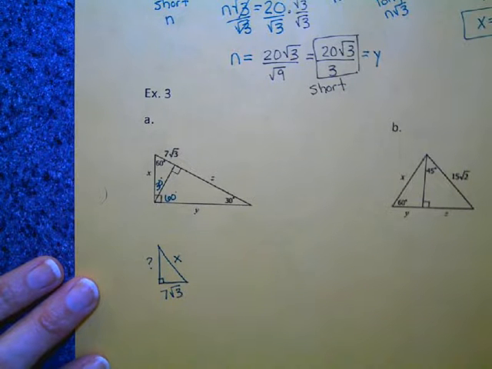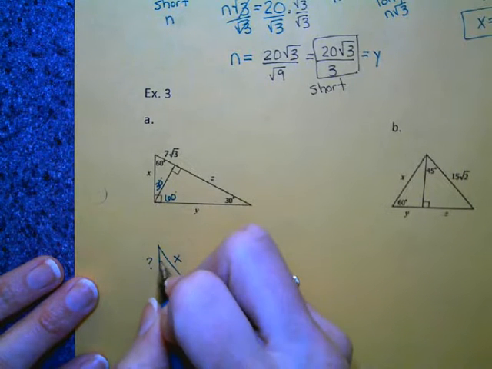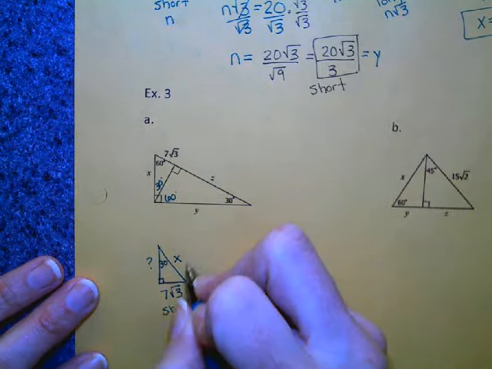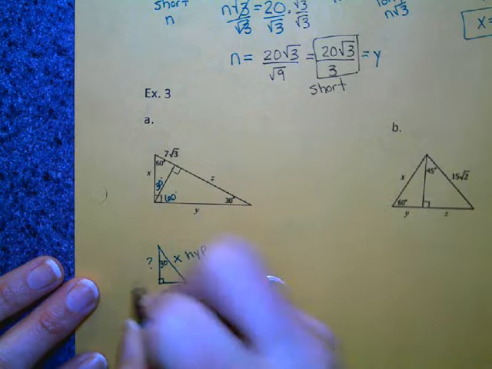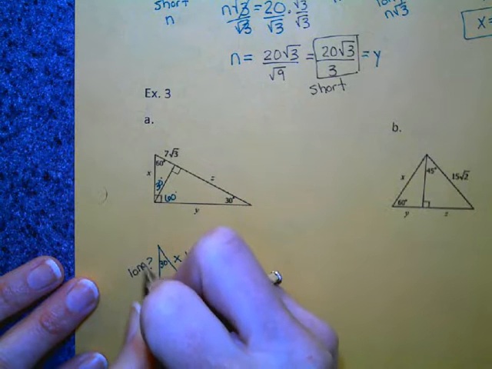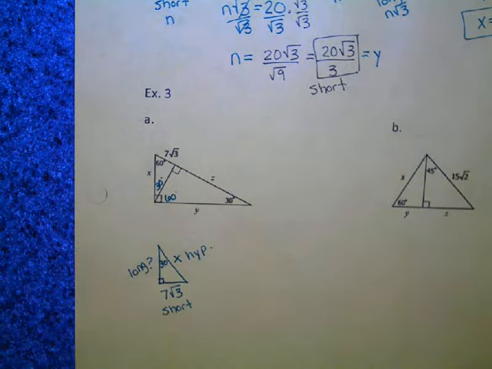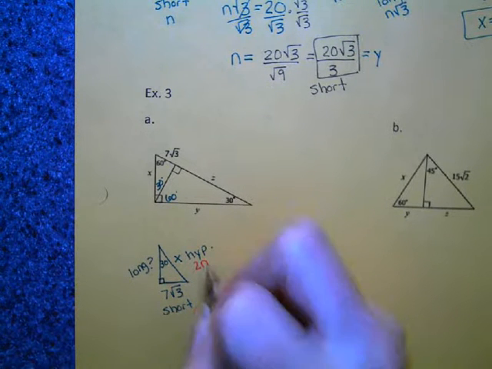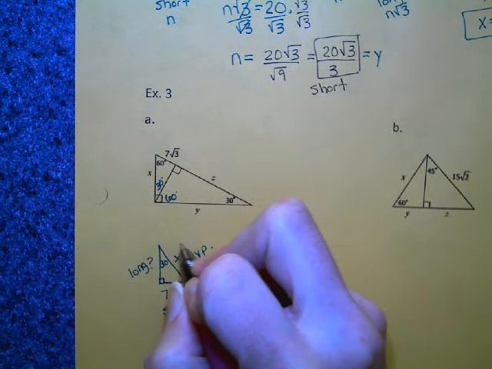So if this is the short side, and this is the hypotenuse, and this is the long leg on that one. So if I was going to figure that out, the short side is 7 square root of 3. If you times that by 2, then the hypotenuse, or the x value, is going to be 14 square root of 3.